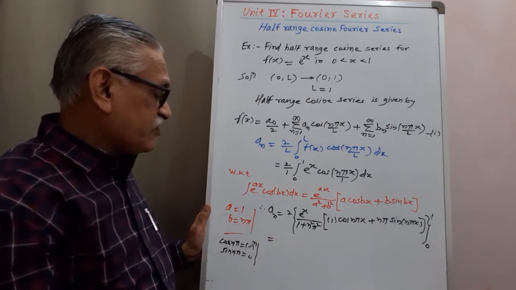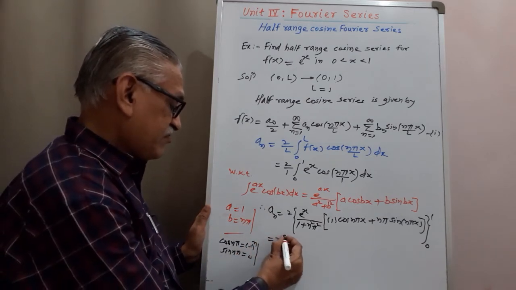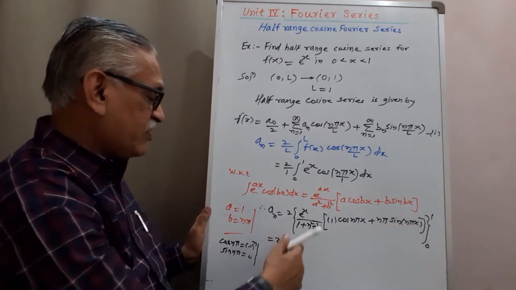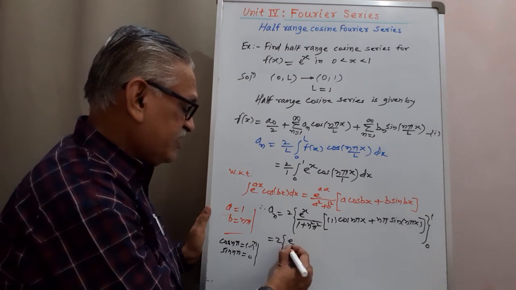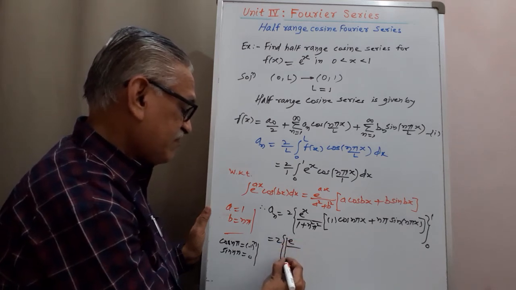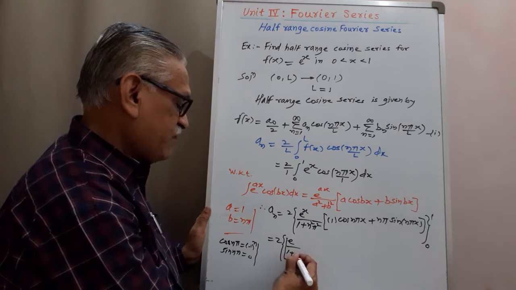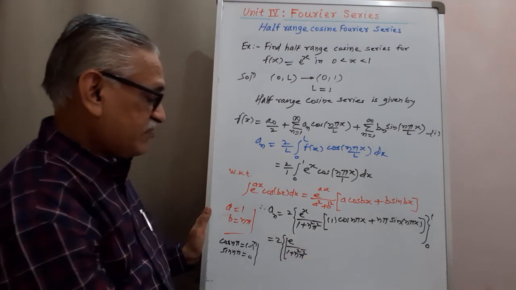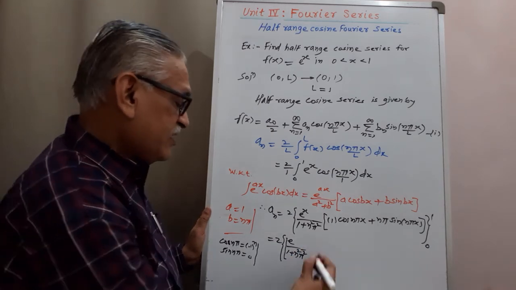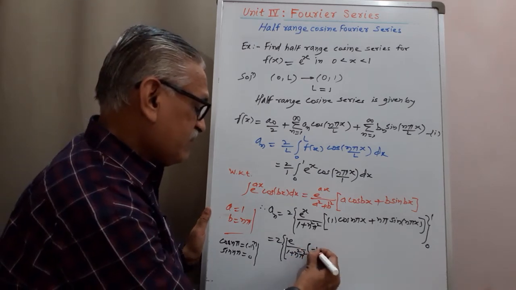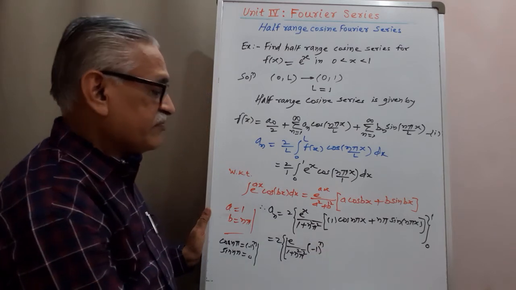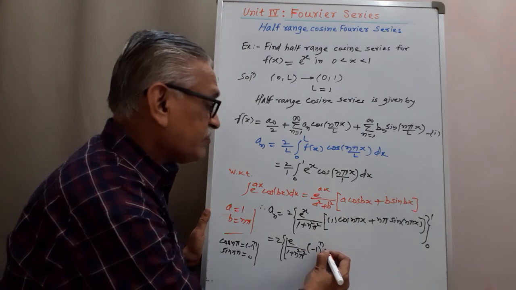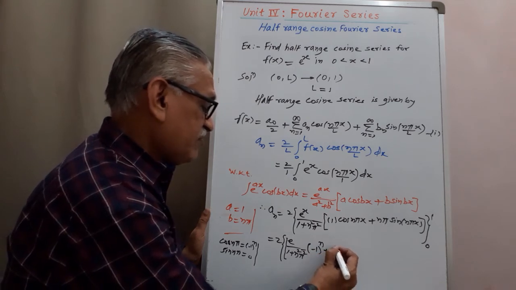We get 2 times: for upper limit x as 1, we get e raised to 1, that is e, divided by 1 plus n square pi square, into cos of n pi, which is minus 1 raised to n, and sin n pi is 0, so that term is 0.